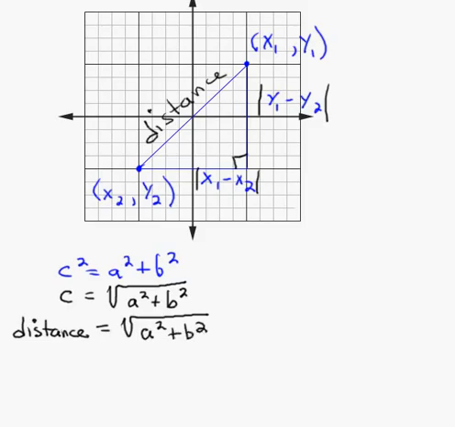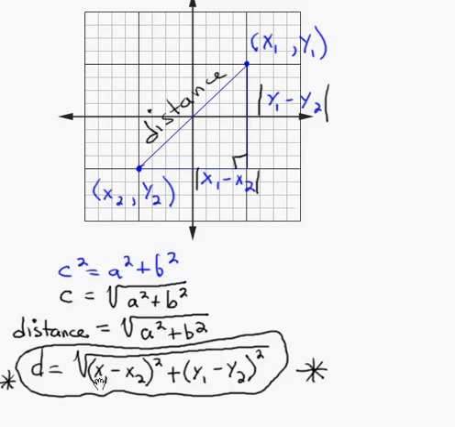For the other two sides, a squared plus b squared, I'm going to substitute in the difference of the x values, x1 minus x2, and for the other side, y1 minus y2. Those quantities need to be squared according to the Pythagorean theorem. And I'm going to abbreviate distance as d.